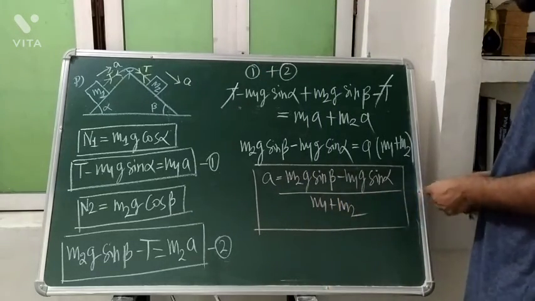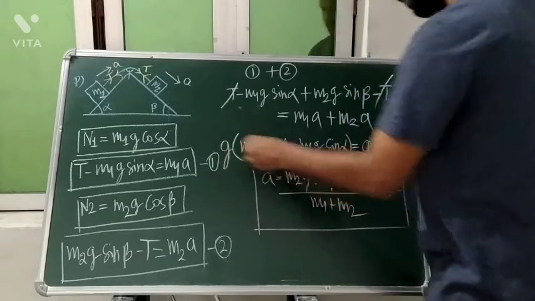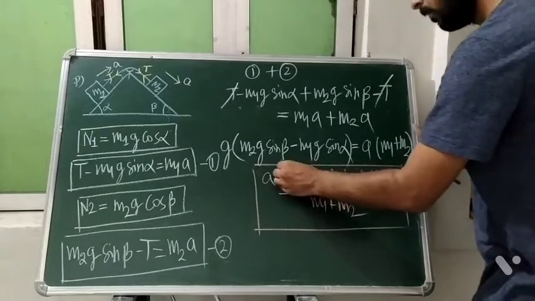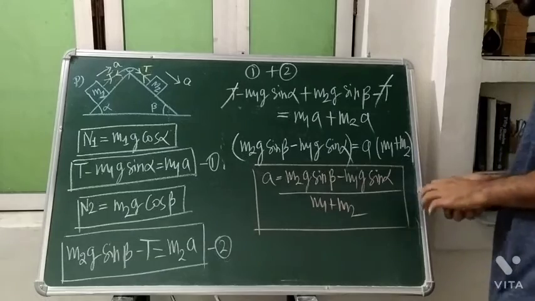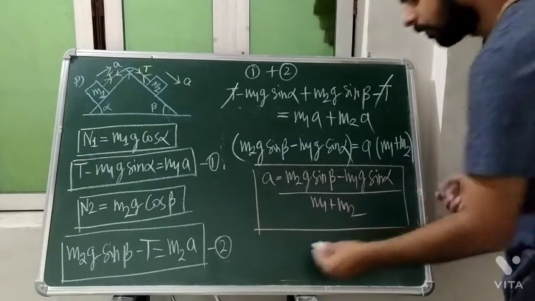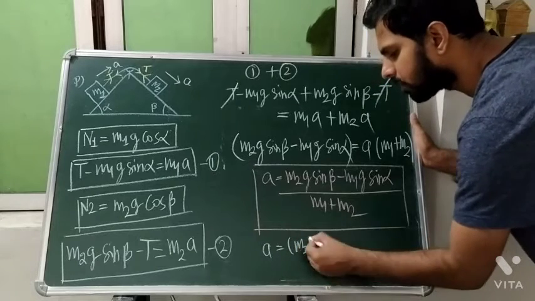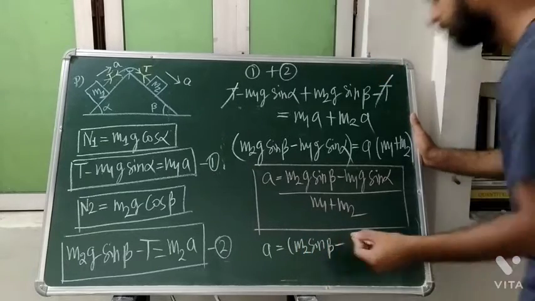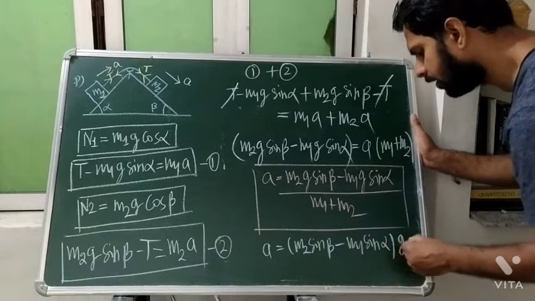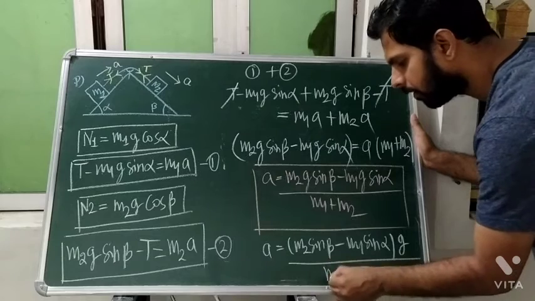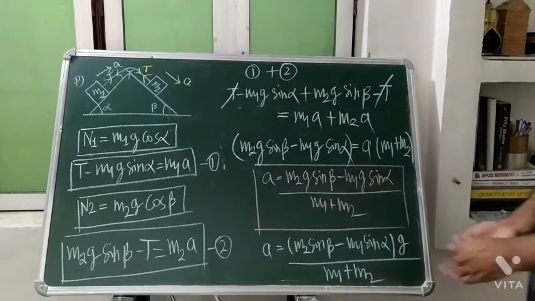G will also come as a common here, so you can take G as common. A is equal to M2 sin beta minus M1 sin alpha, times G, upon M1 plus M2.